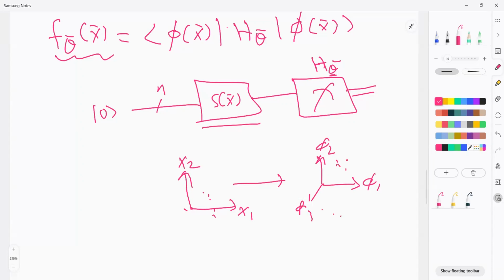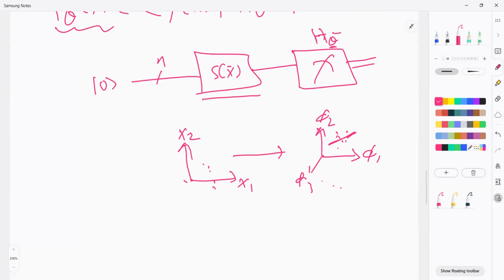So the data is going here. And then this H theta is essentially giving us a separator of the data. When we are varying theta, we are trying to find this hyperplane that is separating them. Or equivalently, from the measurement perspective, this transforms the data into a higher dimensional space, and with H theta we are just trying to find the best measurement scheme to predict our labels in the best possible way.